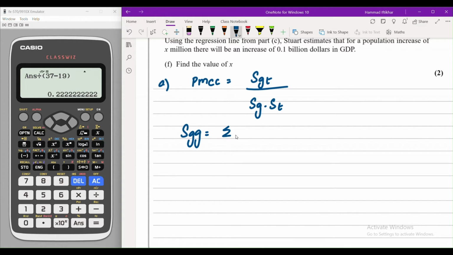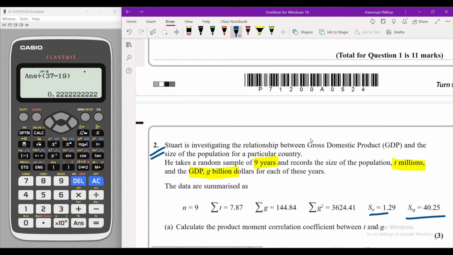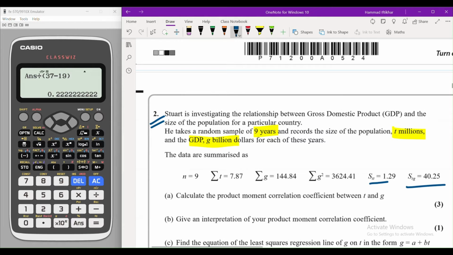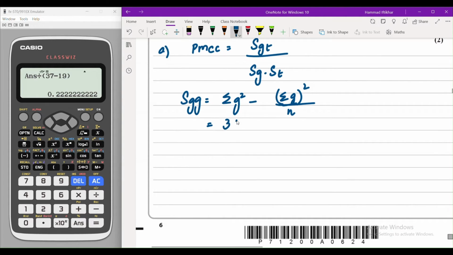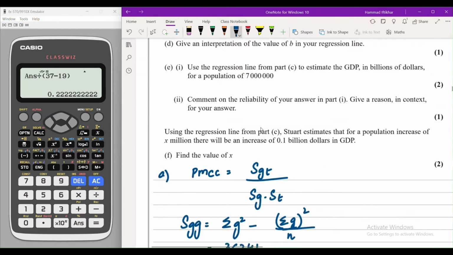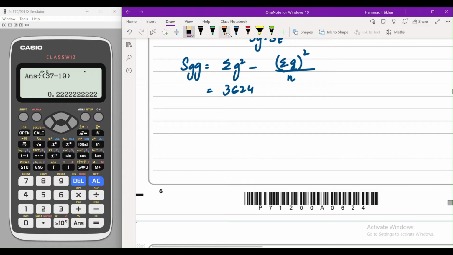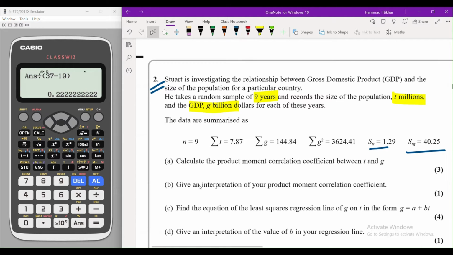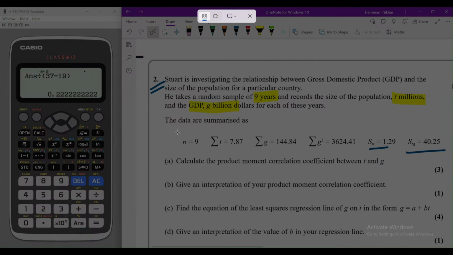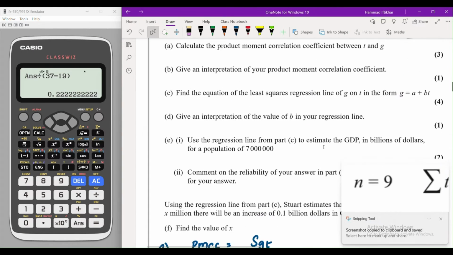SGG we'll find out from sigma G squared minus sigma G whole squared over N. So sigma G squared is 3624.41 minus sigma G, let's just simply copy this below so I don't have to scroll up and down again.